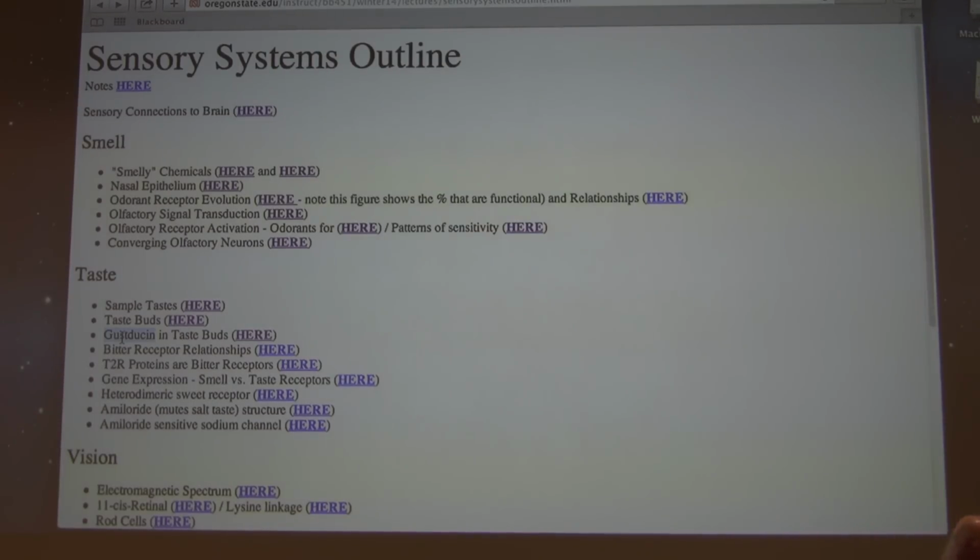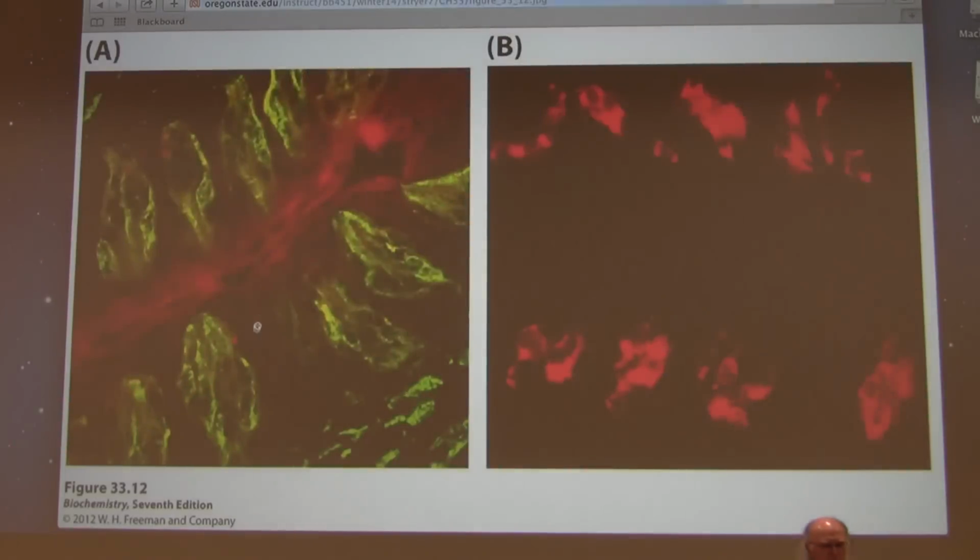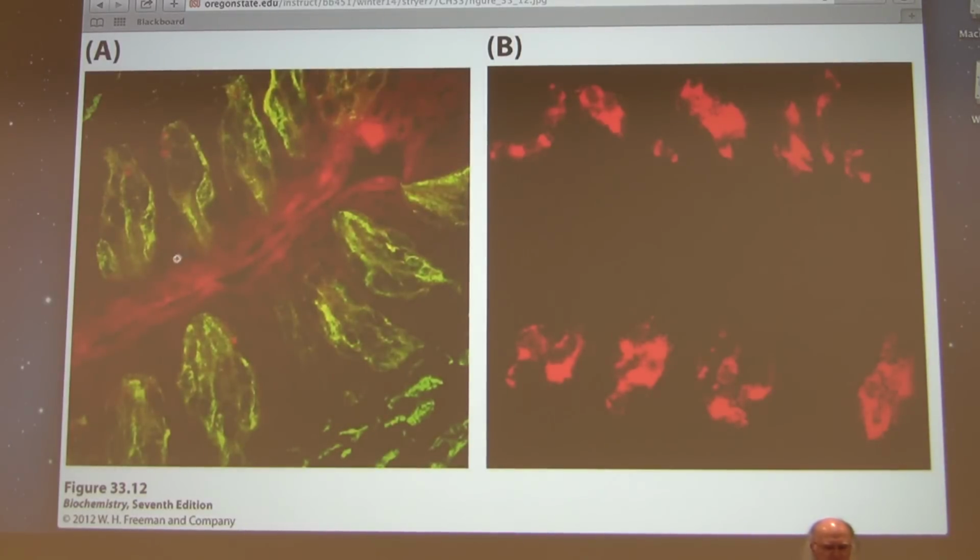We'll see one of them, salt, that doesn't use gustducin. It directly uses the salt as an ion channel, as the thing that opens the channel. And we'll see that in a second. So there's gustducin. You can see it lighting up. There it's shown in green here. It's shown in red over here.